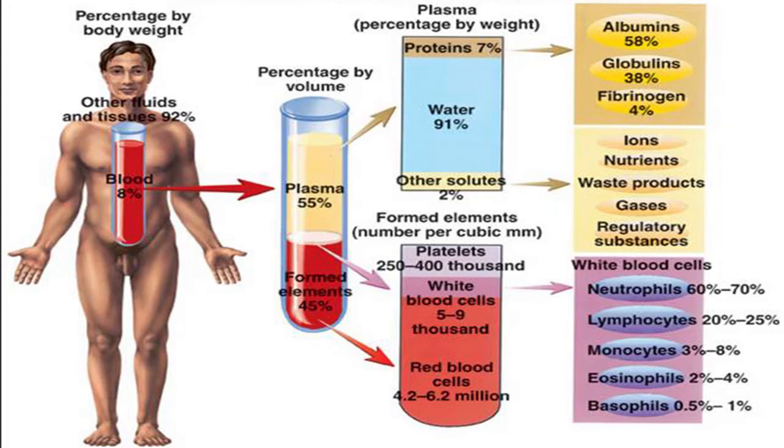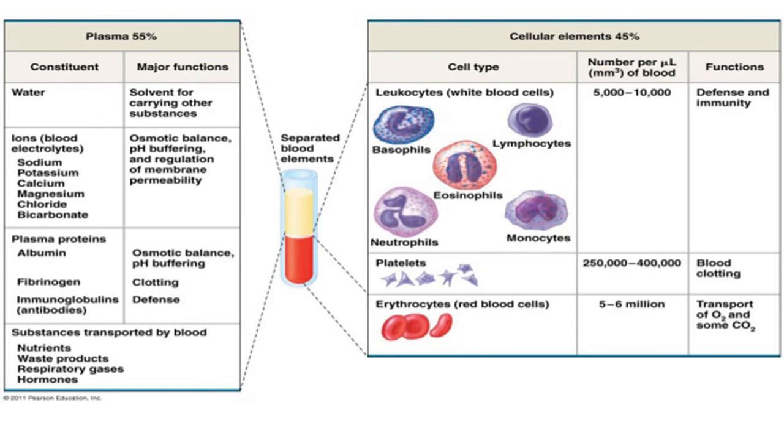It also includes organic waste materials, that is urea, uric acid, creatinine. It includes hormones also. It includes enzymes, that means certain clotting factors, and also gases, that means oxygen, carbon dioxide, nitrogen.